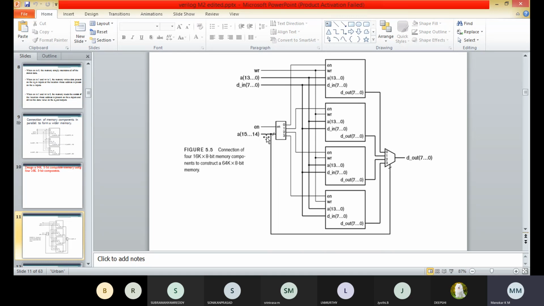Copy this figure, which is the complete composite memory of 16K and 8-bit composite memory.